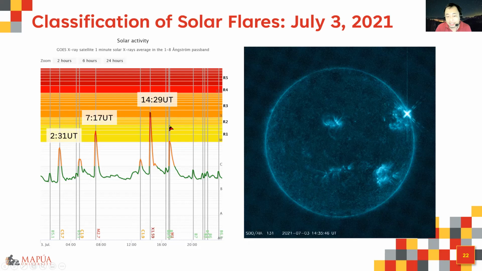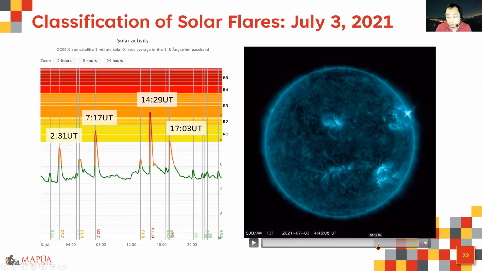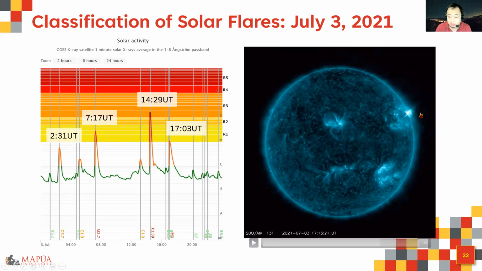The last major flare is another M class flare that happened at 17:03. This is an M1 class flare, so that's 1 times 10 to the negative 5 watts per square meter, and it happened at 17:03 UT, like this one.